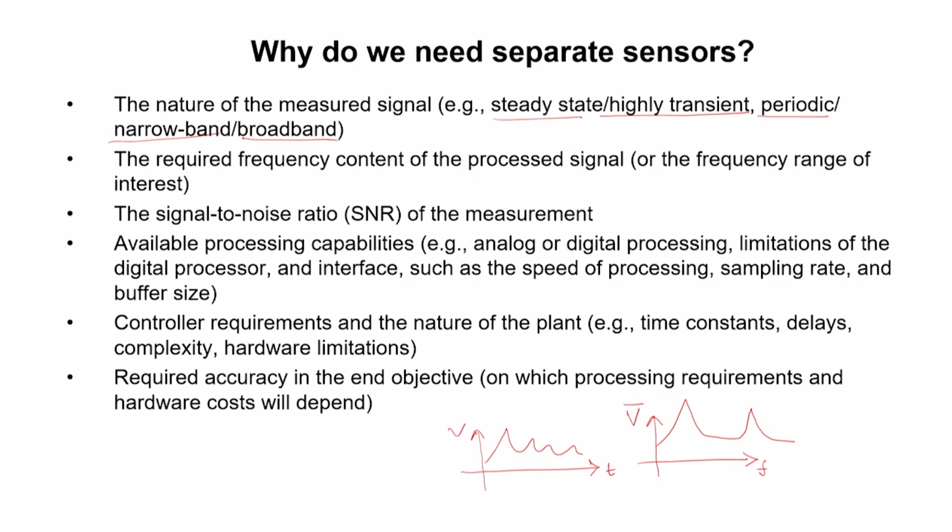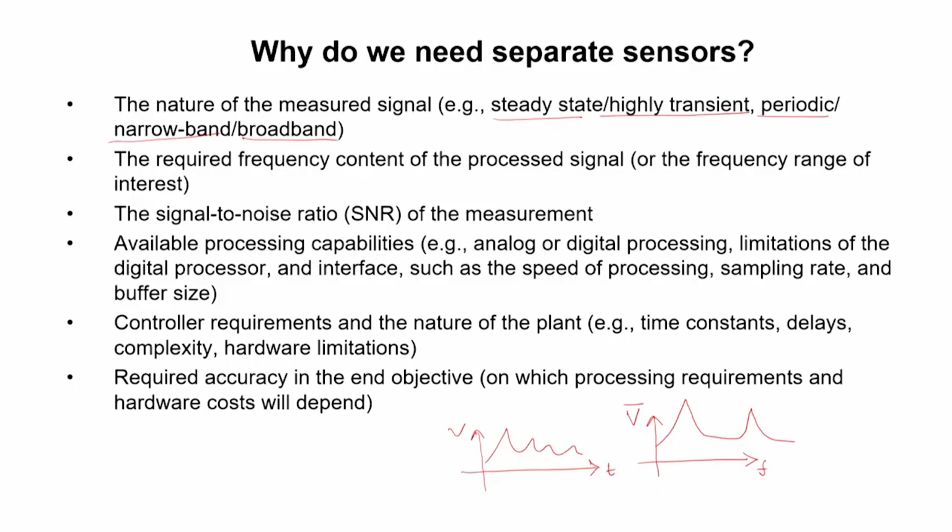Now, the signal to noise ratio of the measurement is another concern, because unless the signal to noise ratio is high, in the sense that the signal content is higher than the noise, it becomes difficult to get anything meaningful out of the sensory data. Then of course, there are concerns of available processing capabilities, controller requirements, and required accuracies.